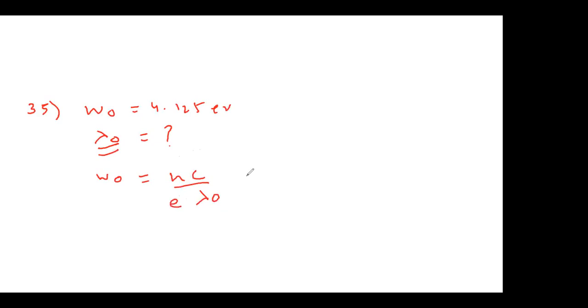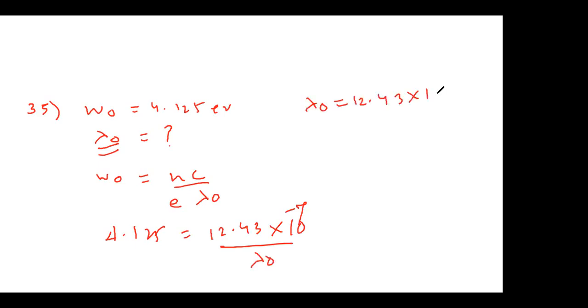I am dividing by e, so it becomes electron volt. So 4.125 equals 12.43 into 10 raised to minus 7 upon lambda 0. Lambda 0 is 12.43 into 10 raised to minus 7 upon 4.125. So this will be approximately 3 into 10 raised to minus 7 meter.